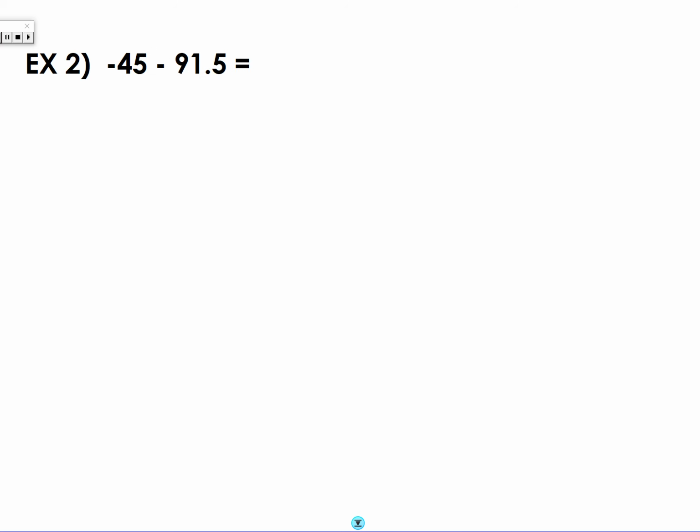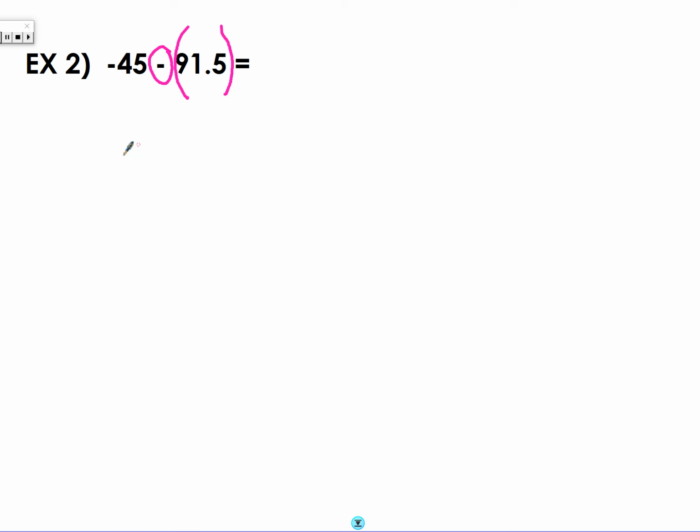Question number 2. In this case, we have a subtraction problem. Scoreboard only works with addition problems. So the first thing I'm going to have to do is change this problem to addition. And we do that by using the additive inverse. So we put parentheses around the number we're subtracting.